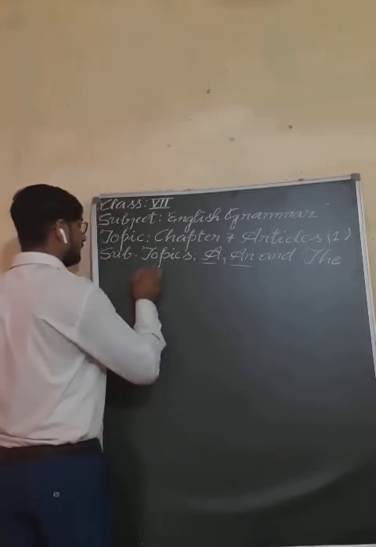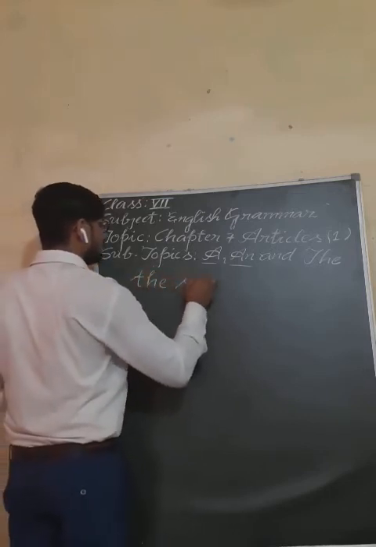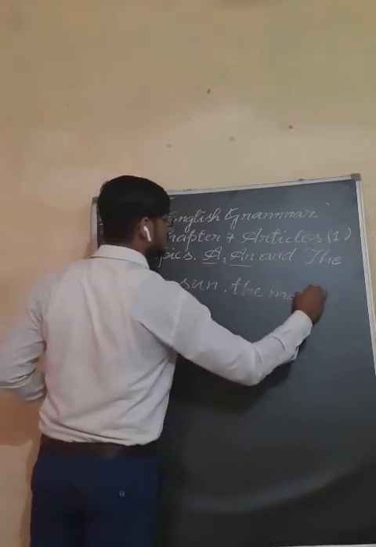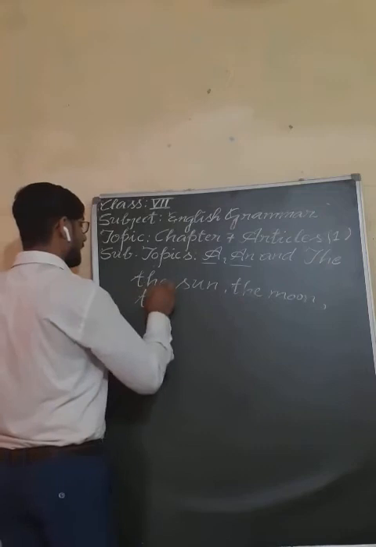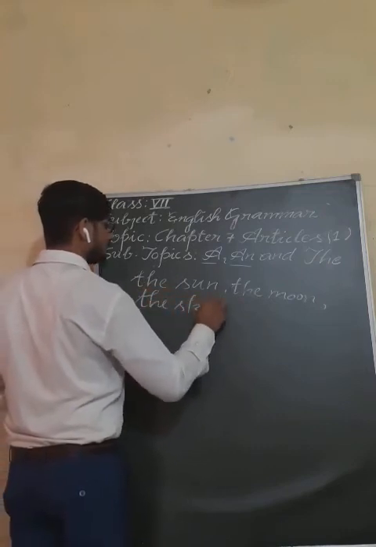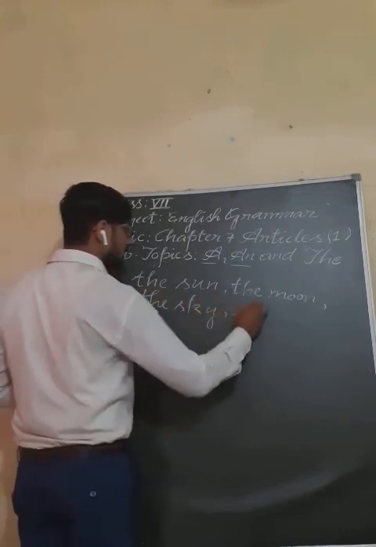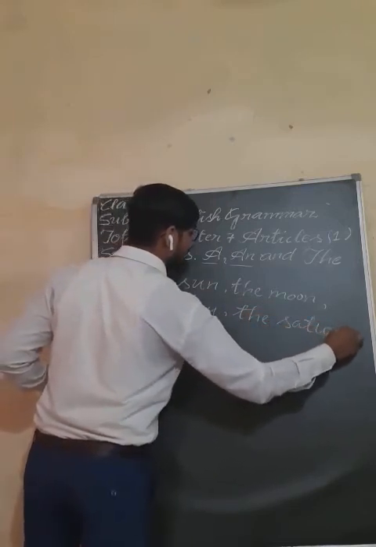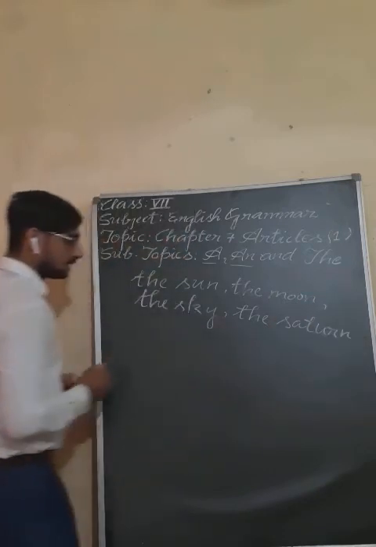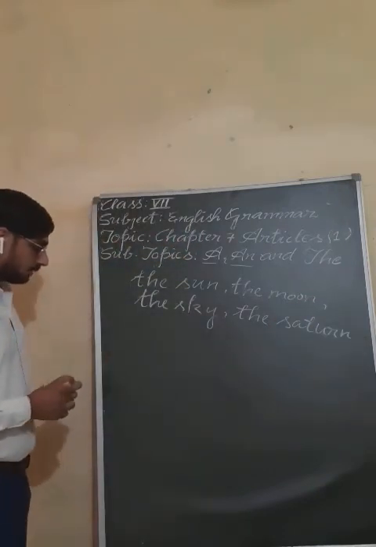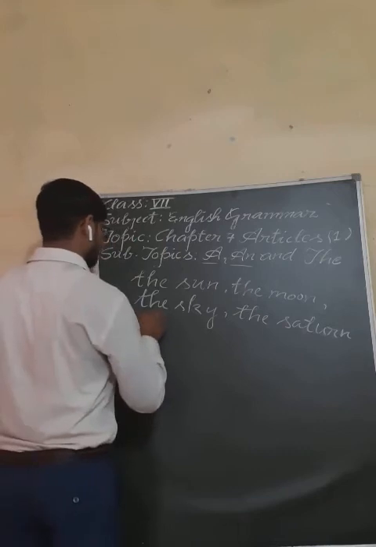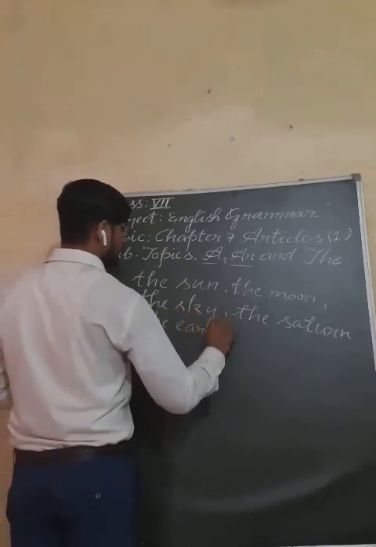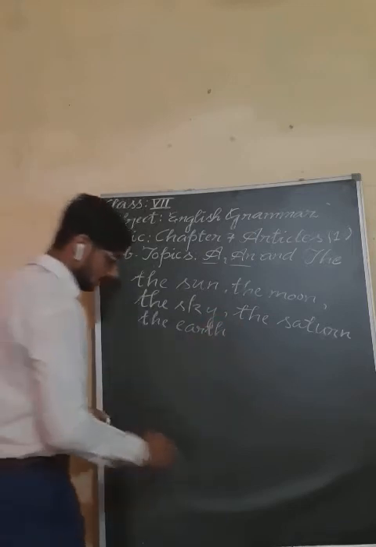Suppose that you are writing here the sun, the moon, the sky, understand, the Saturn, because all these are universal, all these are alone, the world, the earth, because there is one earth, not more, so you can use the, understand.